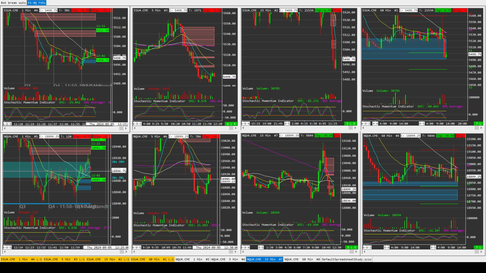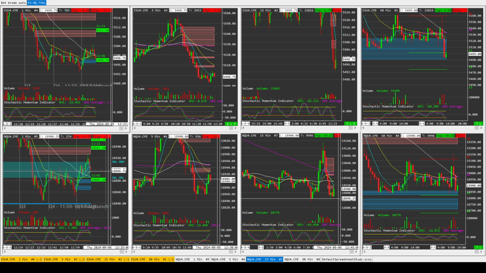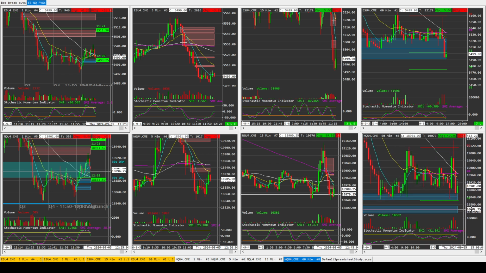15 minutes, we have this crazy move, and this low is higher than this low. And on the hourly, we have this low, this high right here, and we still have a lot of time until this resolves. So we still are in this big range, and this low is actually higher than this low right here, right?